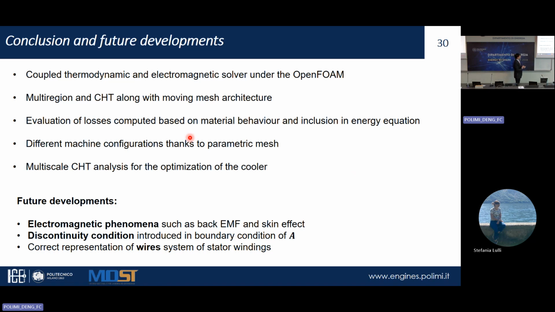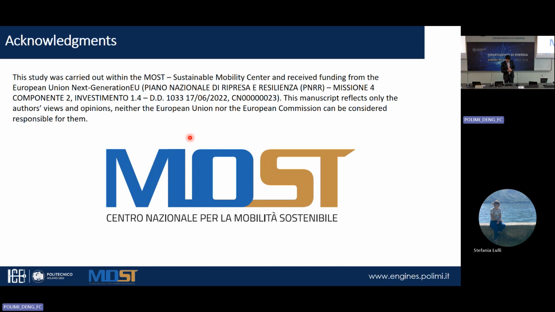We need to play a little bit with the boundary condition of the vector potential in order to preserve continuity in the normal derivative and discontinuity in the tangential derivative, but also in the representation of the windings. The windings here are basically a region with a high thickness, whereas in reality they are just very small wires with a very low section, and this must be taken into account with region models that work at subgrid level.